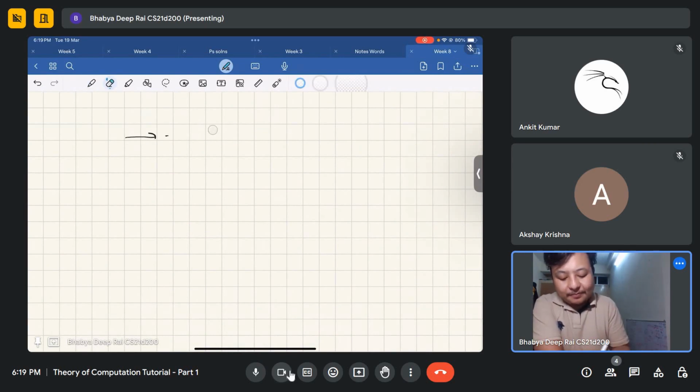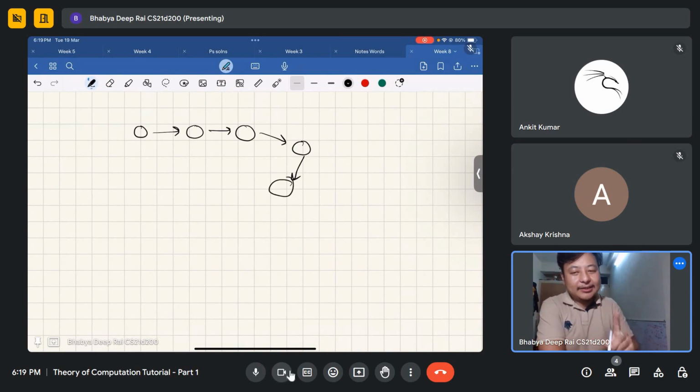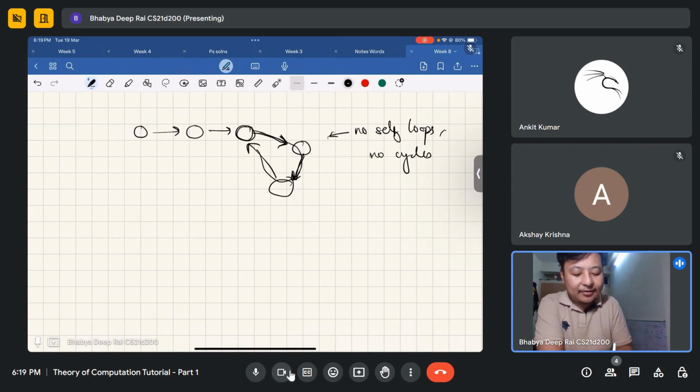But what it simply means is, consider a DFA, and this DFA does not have any self loops and no cycles. What does a cycle mean? A path that starts from one vertex and ends on the same vertex.